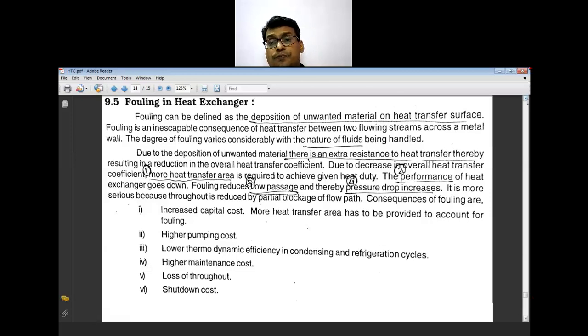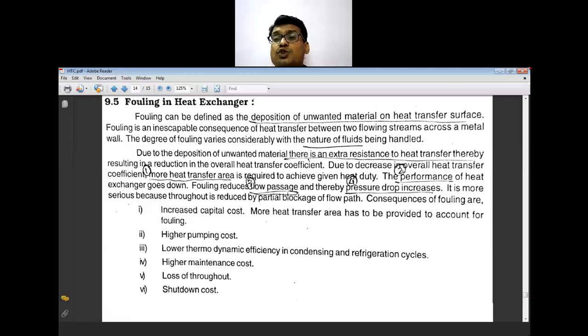Your equipment may fail sometimes only because of these higher fouling resistances. The performance of the heat exchanger goes down because of this. With fouling, the flow passages and the cross-sectional area are reduced. As a result, velocity increases, so pressure drop also increases.